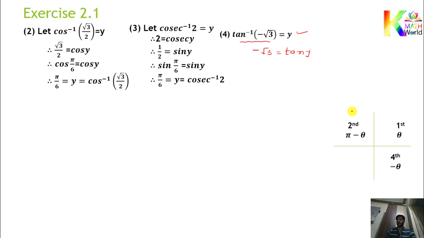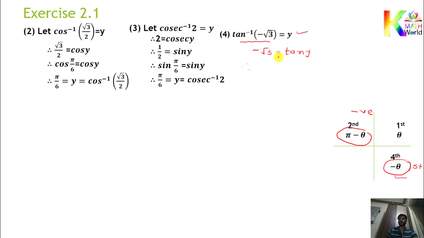For the second group with a negative value, we have to use the pi minus theta format. For the first group with a negative value, we only need to remember the minus theta format. Here this is a first group function with a negative value, so we write it from the fourth quadrant.